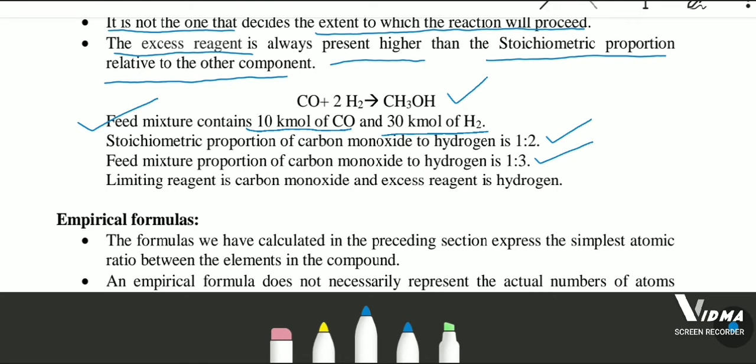Now let's check in the feed mixture whether carbon monoxide is higher or hydrogen is higher. In the feed mixture, hydrogen is present higher than in the stoichiometric ratio. So, hydrogen is the excess reagent and carbon monoxide is the limiting reagent.